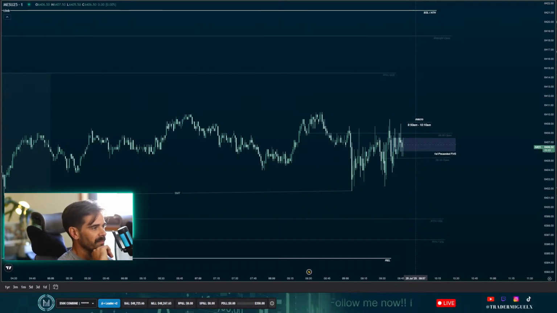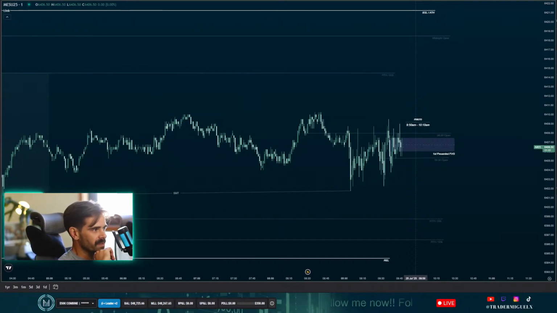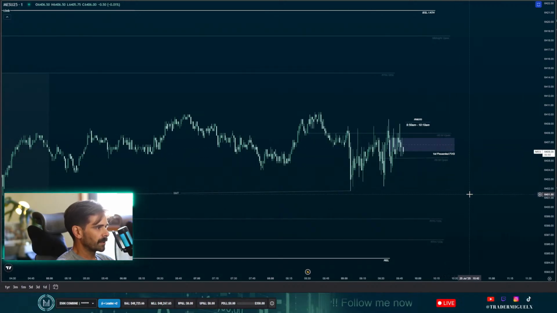So at this point, I'm willing to see some bullishness here on ES. Seems like ES is trapped in between the opens, 830 open and 930 open. It may take some time, but I would like to see some measure of displacement to the upside on ES.